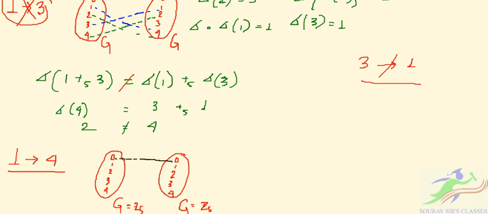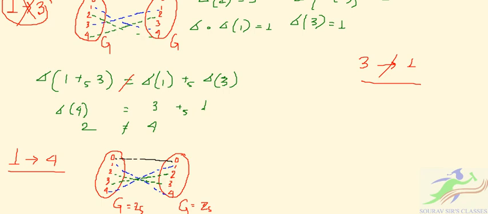Now 1 is mapping onto 4, and 4 is mapping onto 1, 2 is mapping onto 3, and 3 is mapping onto 2, right?